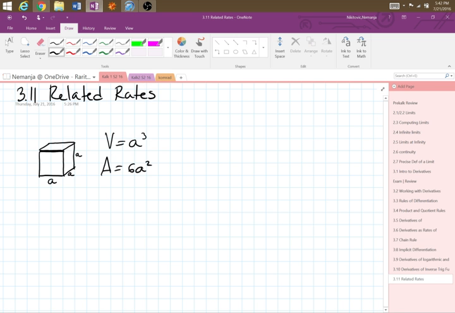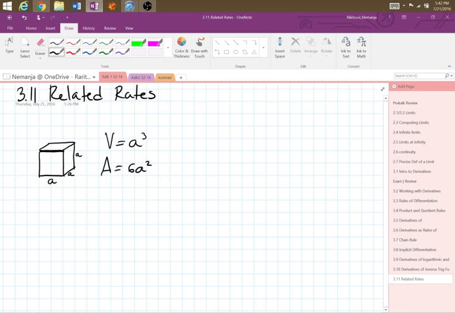Now I want to put this cube in an environment where, let's say this cube is ice. Let's say that it's a very hot day and it's going to melt quickly. And I'm going to try and figure out what is the relationship of, let's say, change in volume to the change in the side.